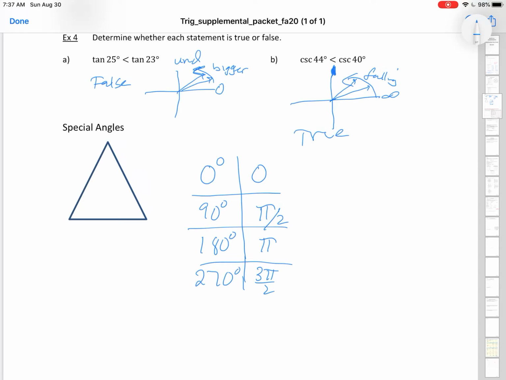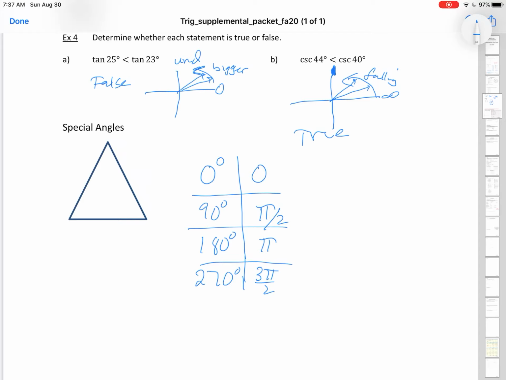We would love for you to quickly be able to figure out, like we did here, that the tangent of 0 degrees is going to be 0, that the sine would be 0 and the cosine would be 1. That at 180, the sine would be 0 and the cosine would be -1. That at 270, the sine would be -1 and the cosine would be 0. Those are the things that we'd love for you to be able to write down.